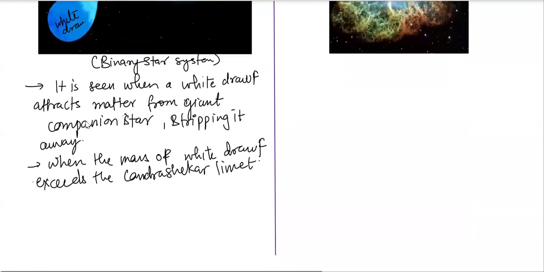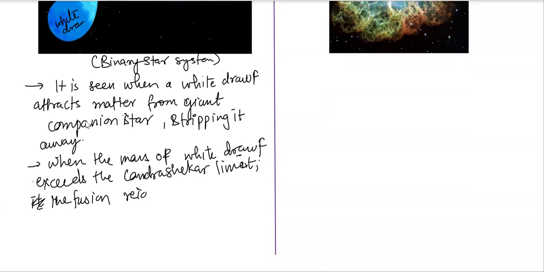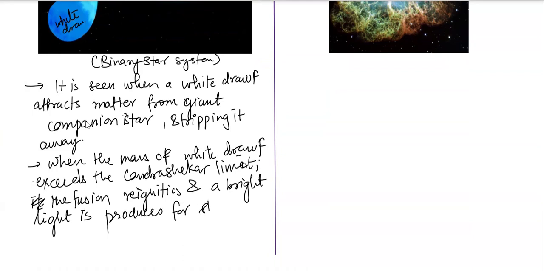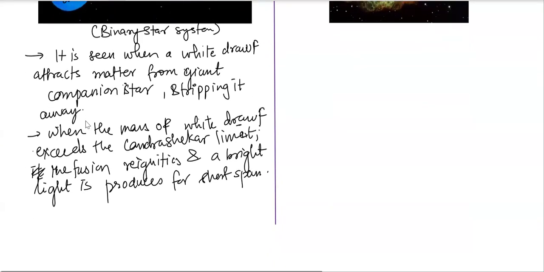So when the white dwarf exceeds the Chandrasekhar limit, the fusion reignites within the core and a bright light is produced for a short span.